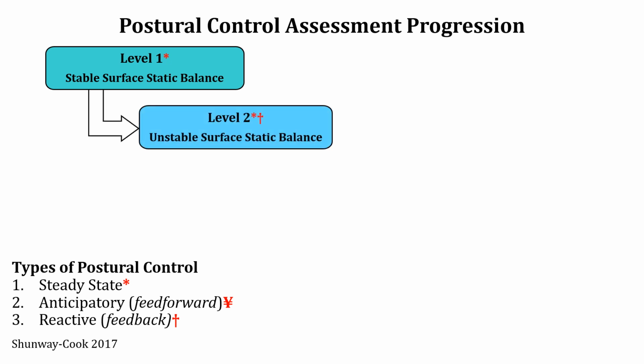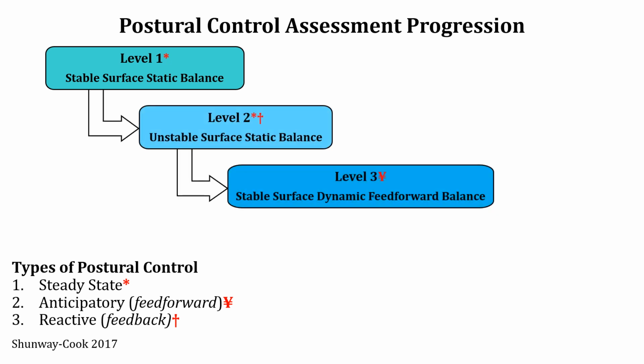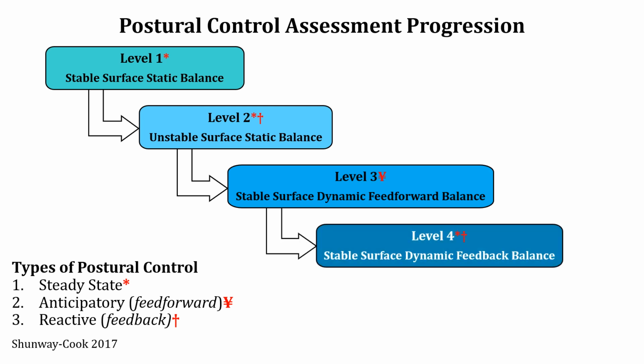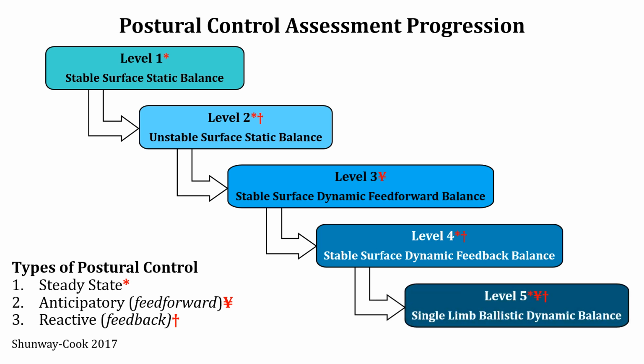Level 2 is going to be unstable surface static balance. Level 3 is going to be our stable surface dynamic feed forward balance. Level 4 is going to be stable surface, once again, dynamic feedback balance now. So there's more of a reactive component, and you can see that by the symbolization. And then level 5 would be our single leg ballistic dynamic balance.